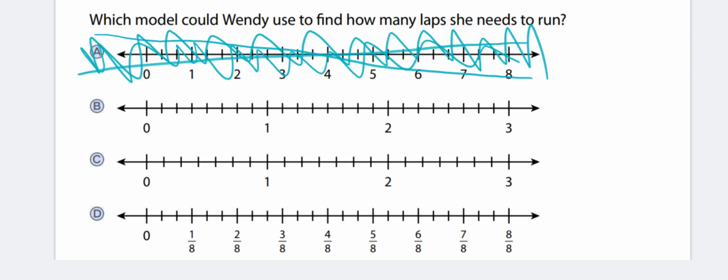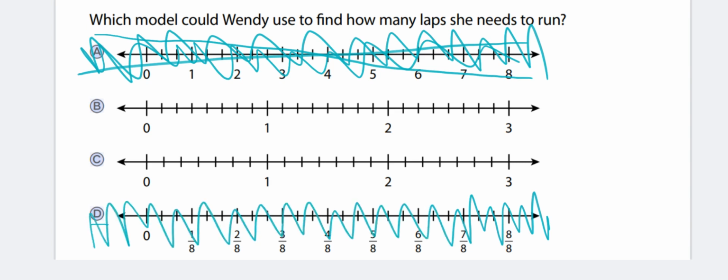Yes, it does. So I'm not going to cross it out. Now let's look at D. Does D show 3 miles? No, it does not. So I'm going to cross it out because, again, I want to show that she's running 3 miles.